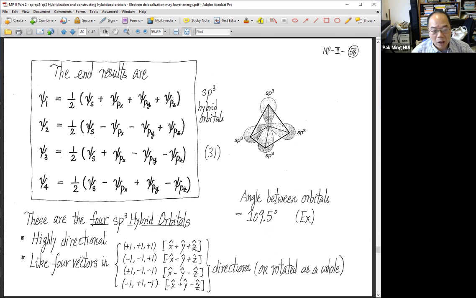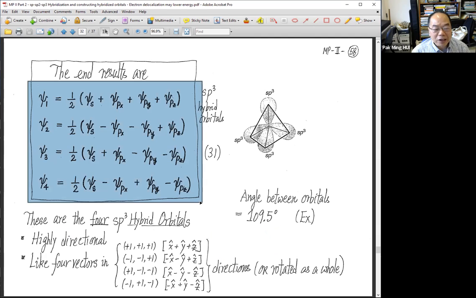Without doing all the work, I will tell you the answer. So these are 4 sp3 hybridized orbitals written in one of the many ways. But this way is very popular, especially in solid state physics books. It has a kind of a nice symmetry in its writing.